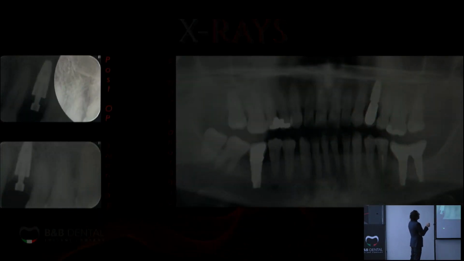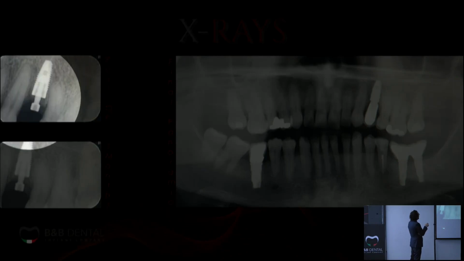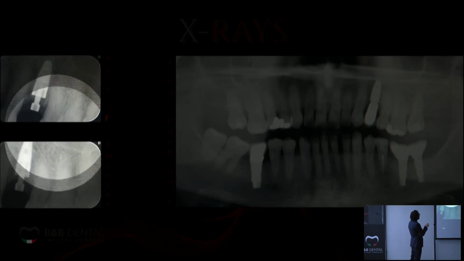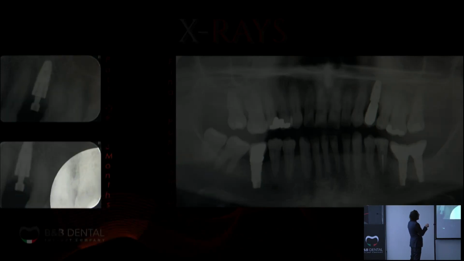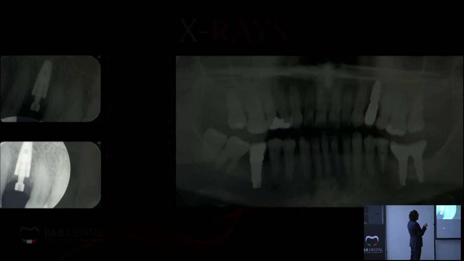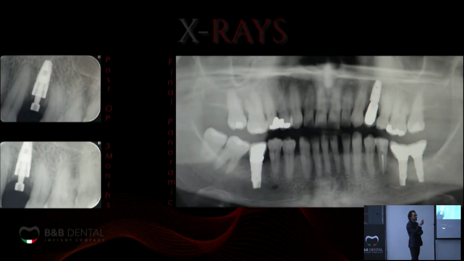Of course, we have the X-rays. This is the post-op X-rays with the mesial and distal bone peaks. The 3 months X-rays, thanks to the connection and the insertion and the biology that loves this kind of technique, we maintain the bone peaks over time.